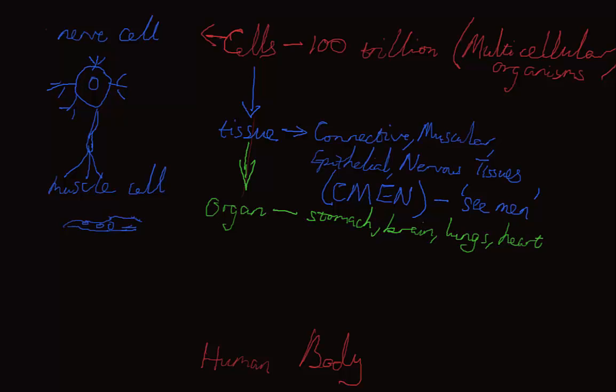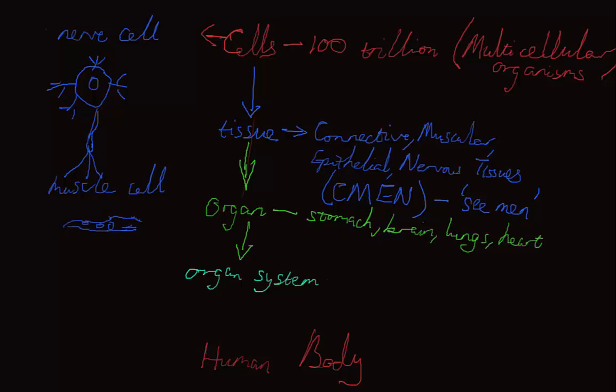The next level of organization will be organ systems, and organ systems are formed when several organs come together to perform essential life functions like breathing.